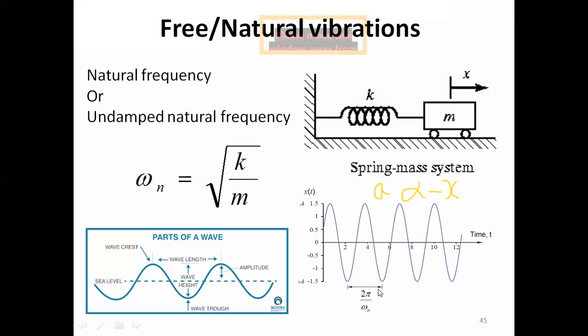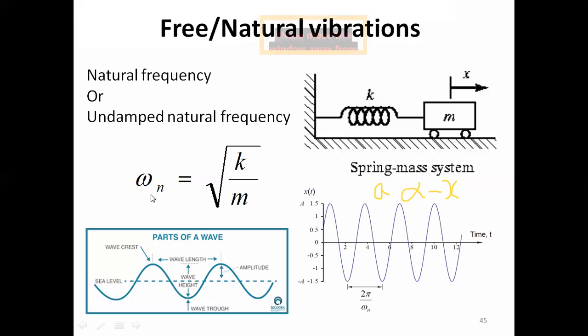The time period is equal to 2 pi by omega n, where omega n is the circular natural frequency of the system. So we would have a sinusoidal motion with a crest, trough, amplitude, wavelength, all those terminologies which are associated with a wave.